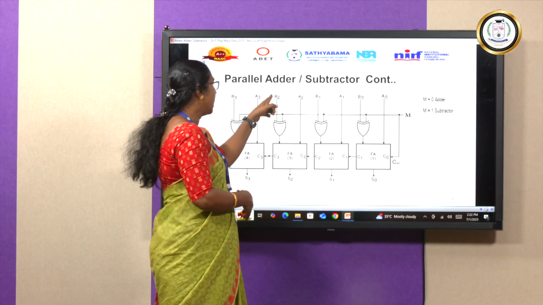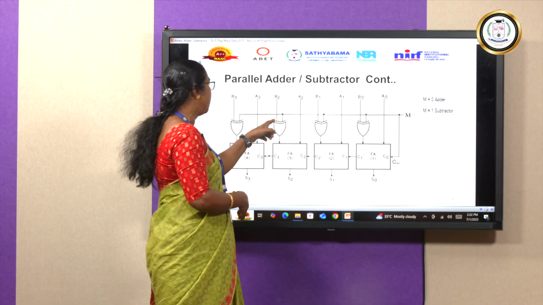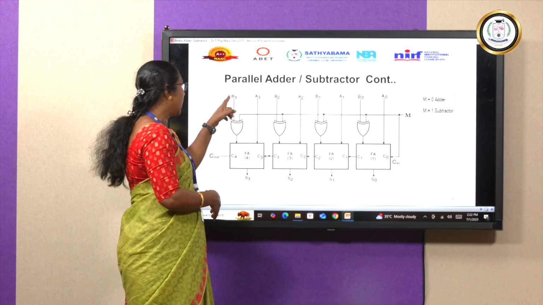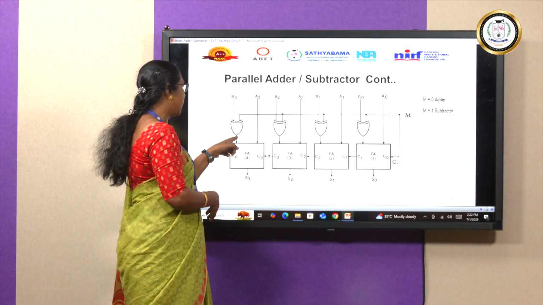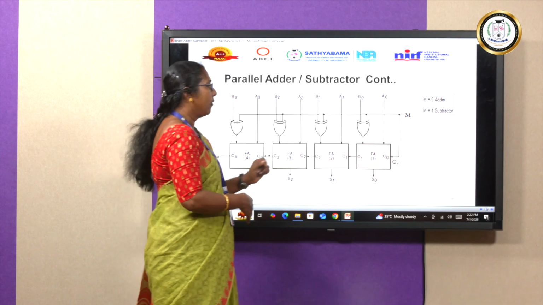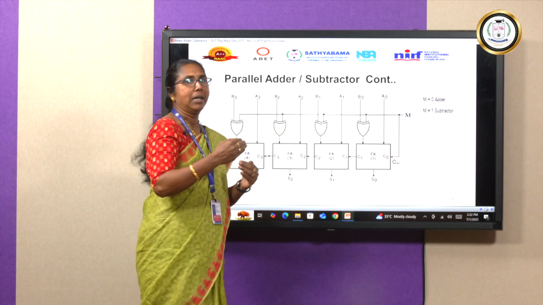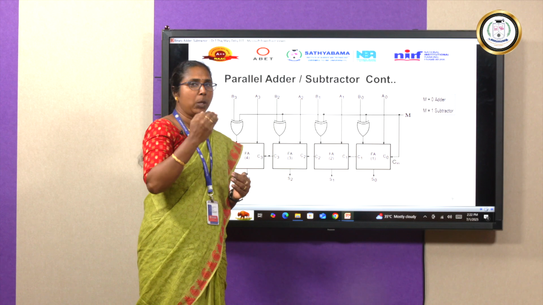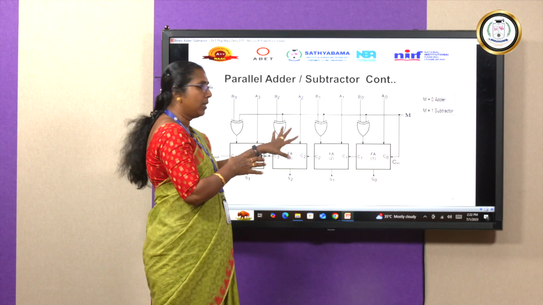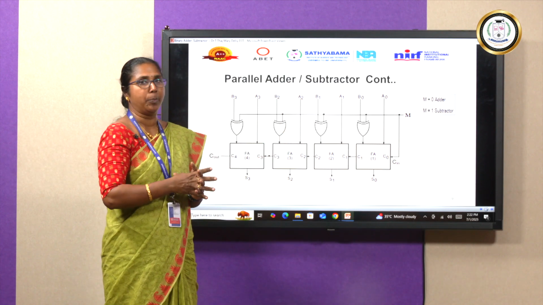Again 0 XOR with B2 produces B2, and 0 XOR with B3 produces the output of the XOR gate B3. So when M is equal to 0, the output of the XOR gate is the same as the input B0, B1, B2, B3. So automatically the circuit is going to perform the addition operation.